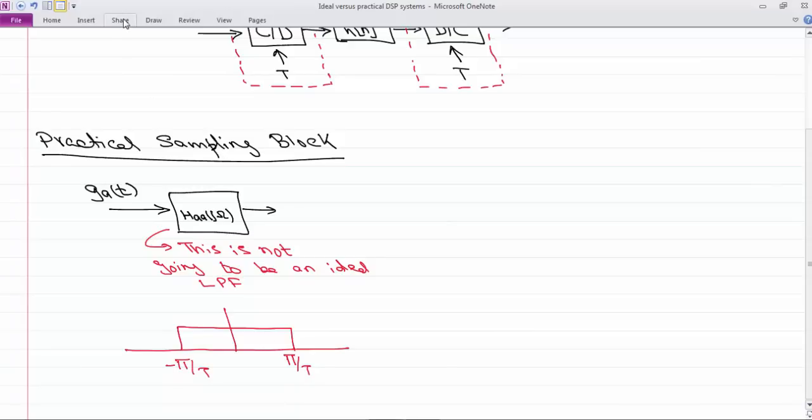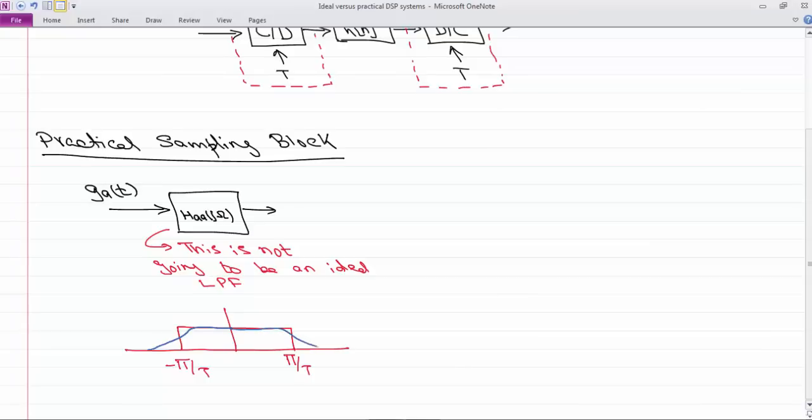In reality, most filters will stay close to 1, but not perfectly 1, and the most important thing is they can't have this sharp decay from 1 to 0. So most filters have what is called a roll-off. Even if they go to 1, they roll off slowly, and there is no sharp boundary.